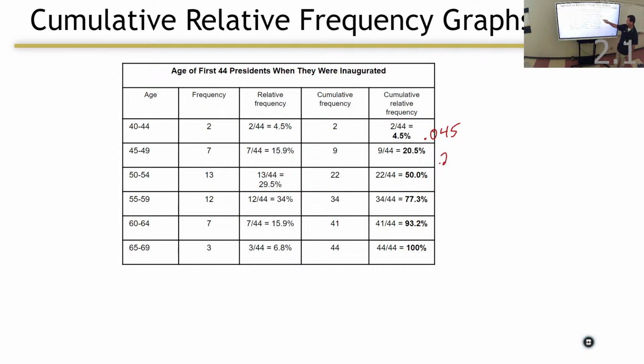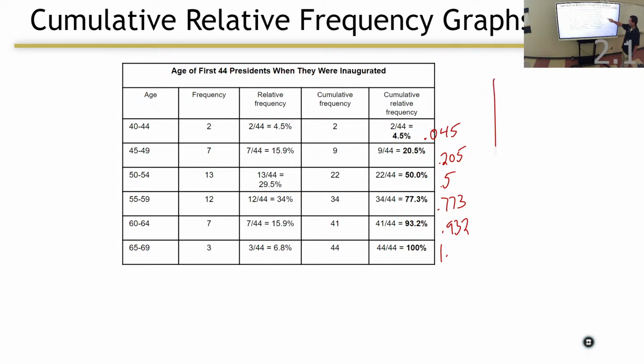Make this 0.205, 0.5, 0.773, 0.932, 1. You should always end at 1. If you don't end at 1, you've done some bad math, because 100% fall at 69 or below. Okay? 0% fall at 40 or below.